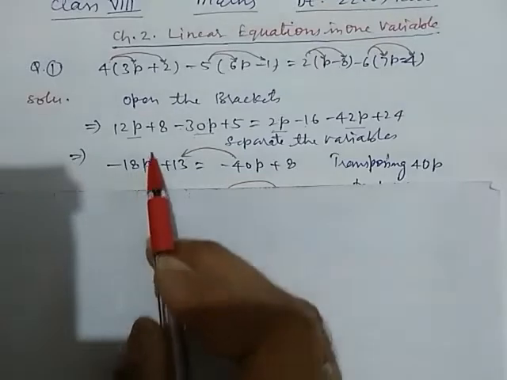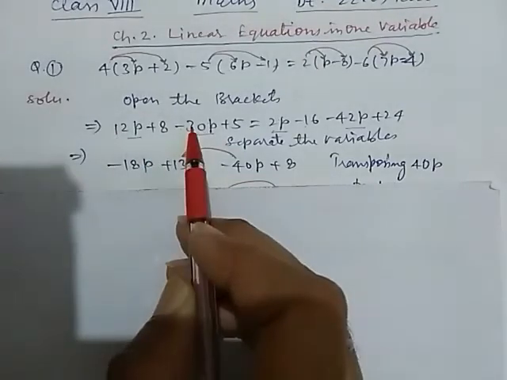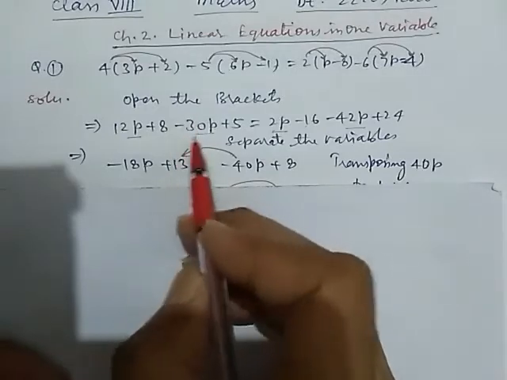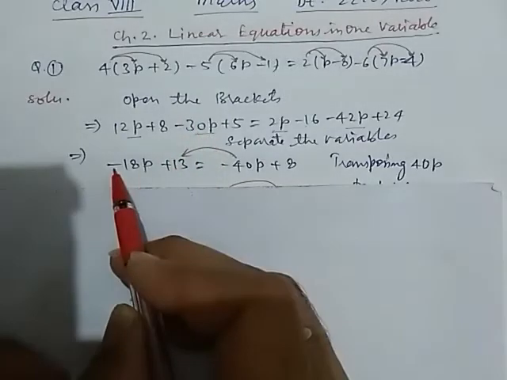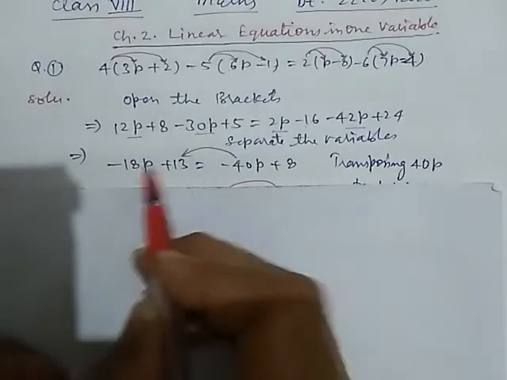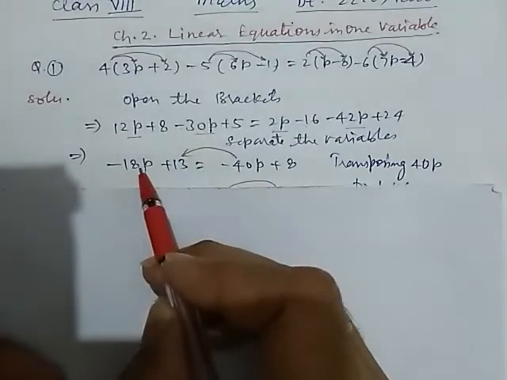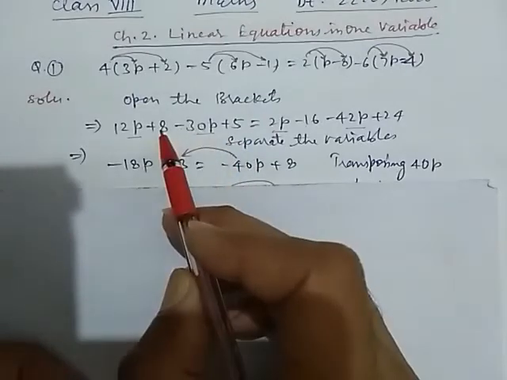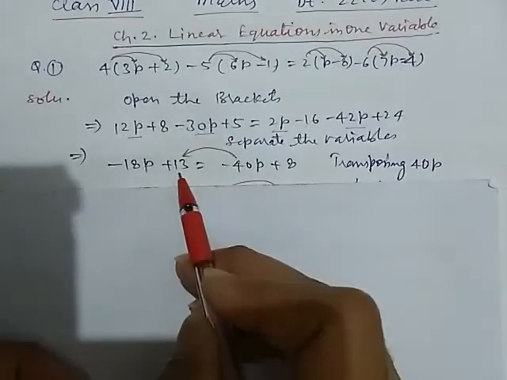Different signs are always subtracted, and the sign of the result comes from the bigger one. Here minus 30p is the bigger number, so we take the minus sign. So this result is minus 18p, and 8 and 5 are both positive, so we add them. 8 plus 5, 13.